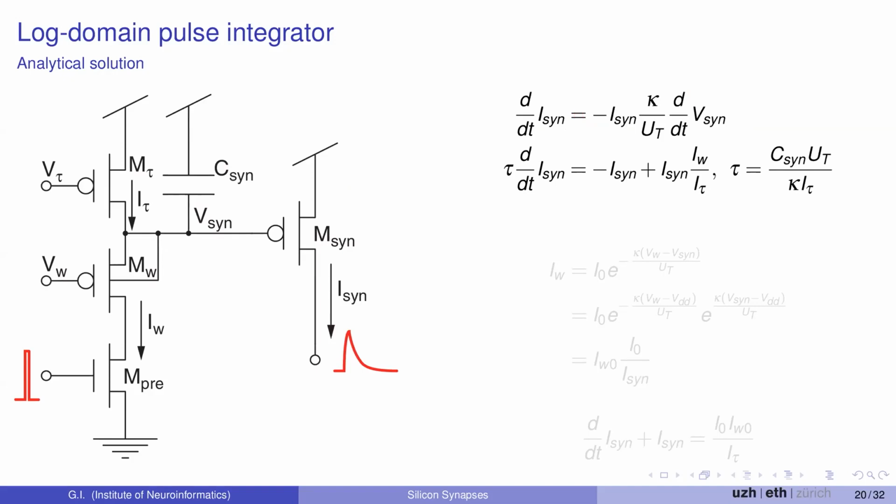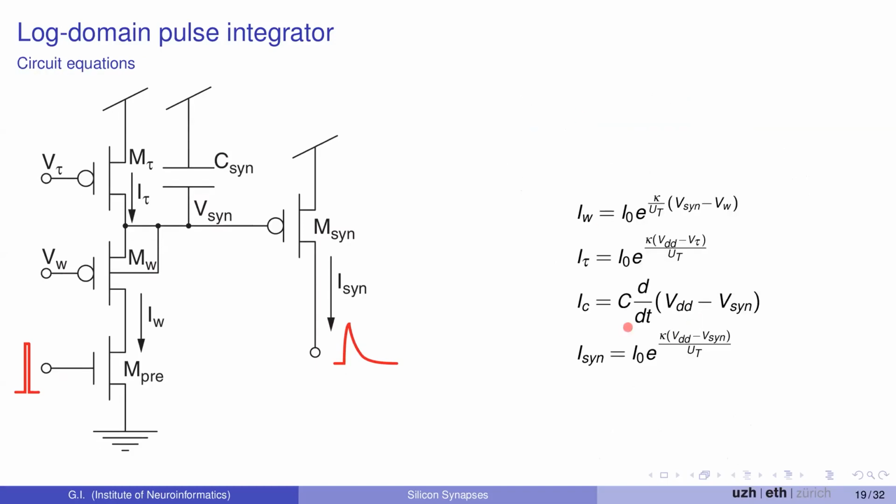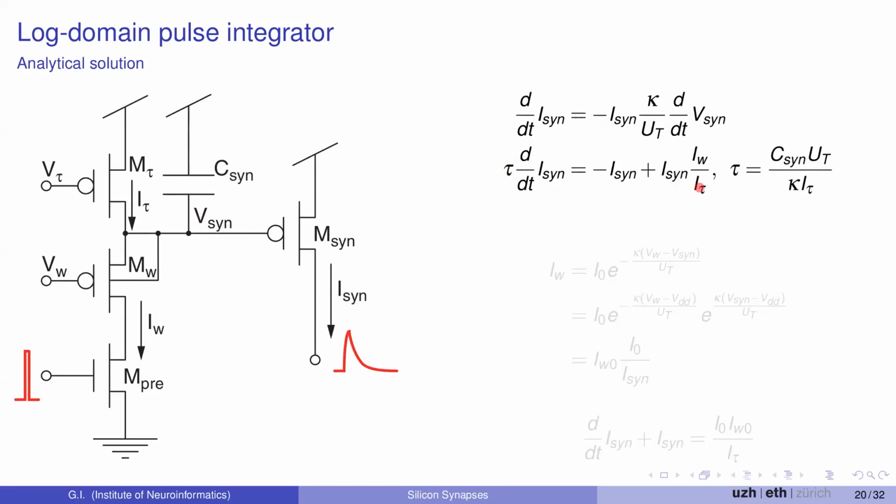We can apply Kirchhoff's current law. I'm just skipping some steps here, but IC is equal to Itau minus IW. So dVsin is related to Itau minus IW. And if we put all of these things together, we then end up with this equation here. And I already added a term here, tau, which is defined as C sin times UT over kappa Itau.